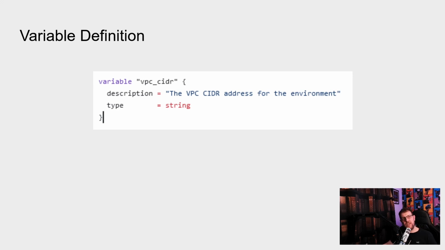A variable can take optional arguments, depending on what you intend to use the variable for. Some common arguments include the type, which I'll go into a bit more detail shortly, and a description, which I would recommend using on every variable to aid in documentation.